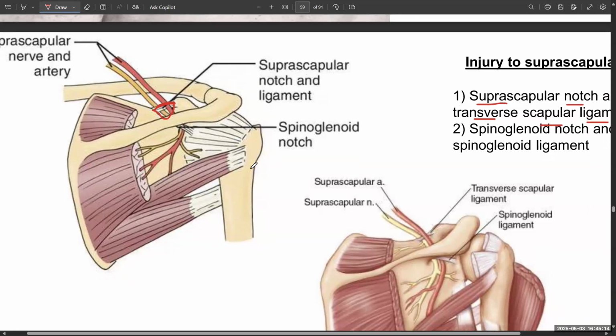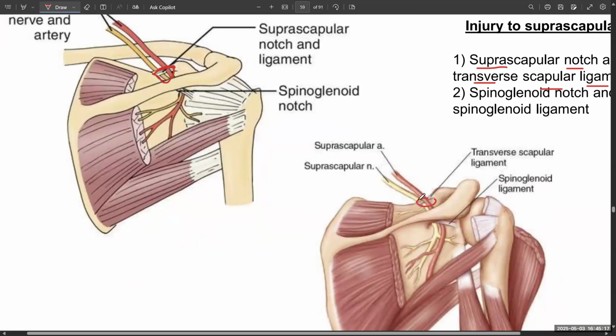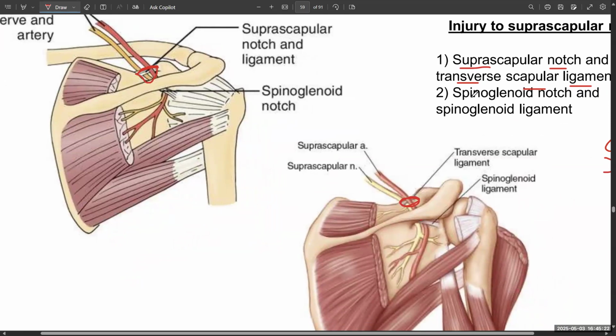And then down here, after that foramen, so this is the suprascapular foramen, right? And then over here, you have the spinoglenoid notch and the spinoglenoid ligament. So this is the notch and this is the ligament. Again, you have sort of another foramen. So the suprascapular nerve is going down. It goes through the suprascapular foramen, and then it gives off branches to this muscle.